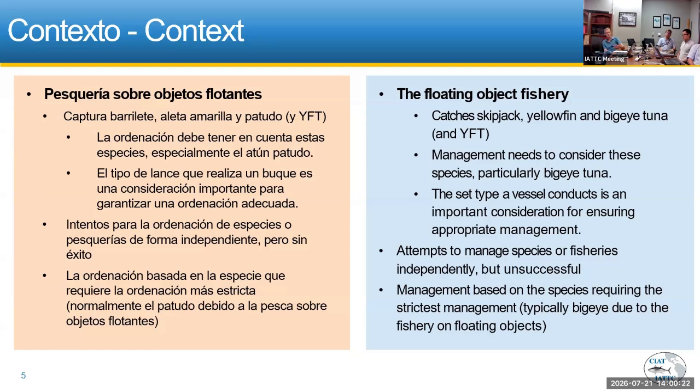So generally, the management was based on the species requiring the strictest management, and this was typically bigeye tuna due to the high vulnerability of bigeye in the floating object fishery.